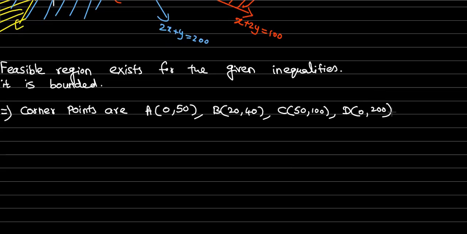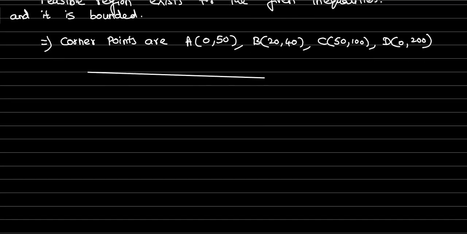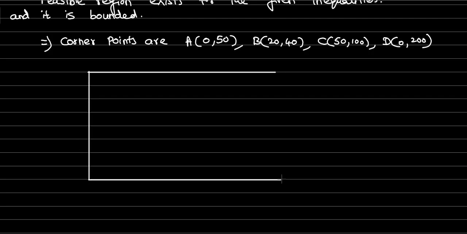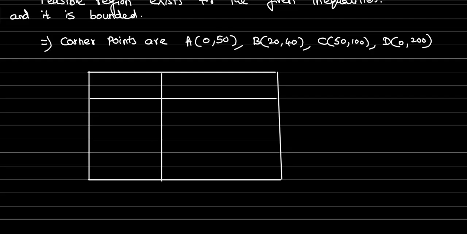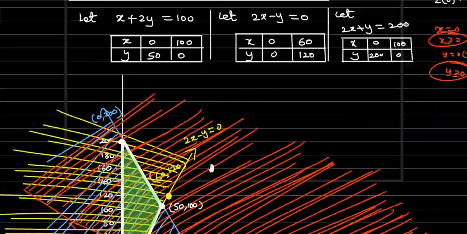Okay, now all these corner points we need to substitute in the Z. Let's have a tabular column: corner points and the given Z. What is the given Z in the question? Z equals x plus 2y.